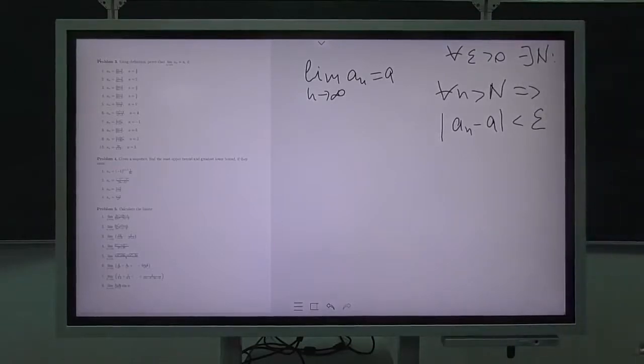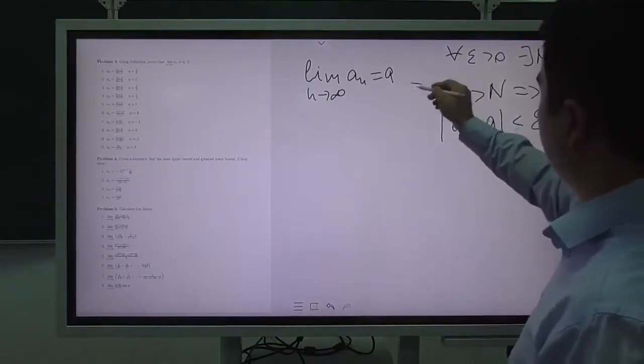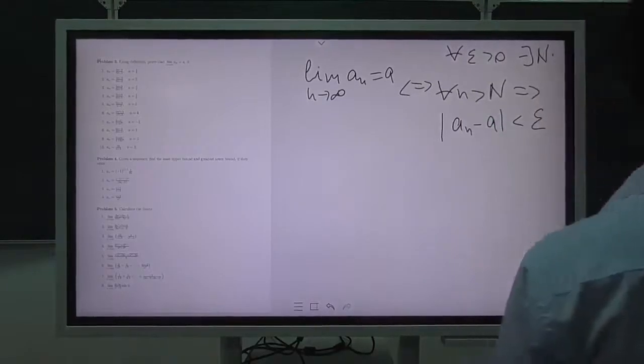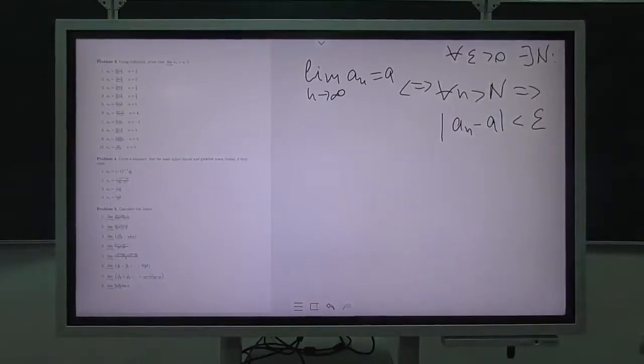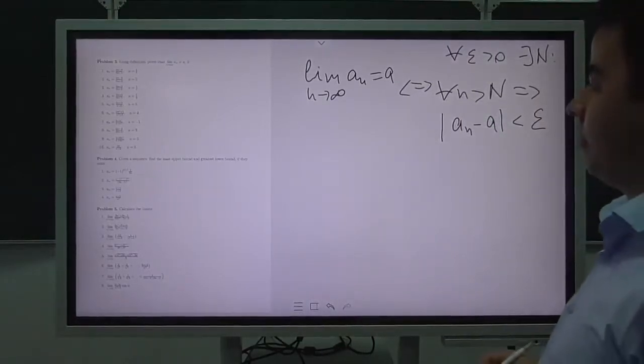And we get this limit. So this is the general definition of the limit of a sequence.